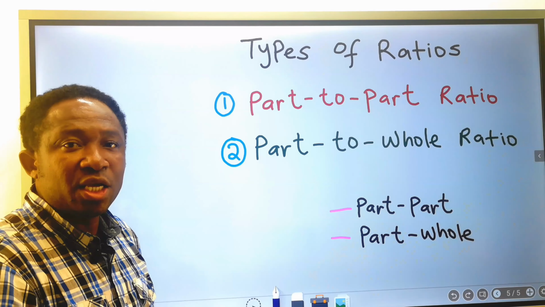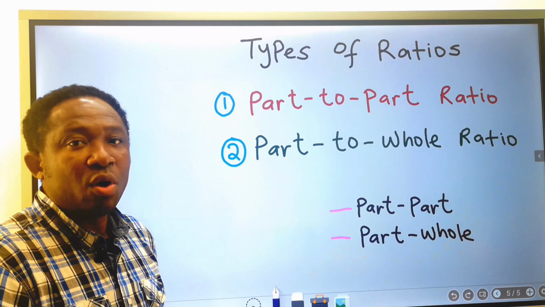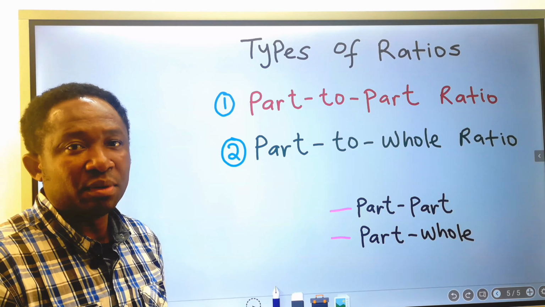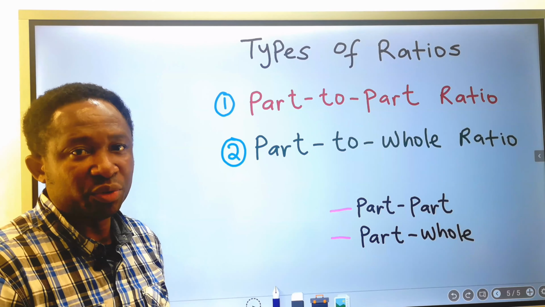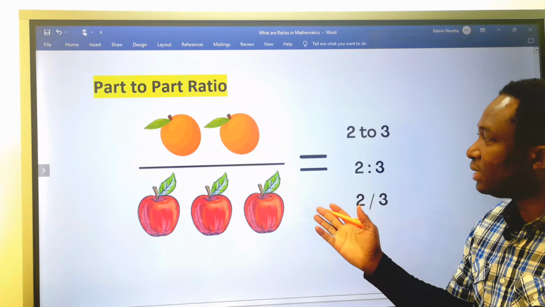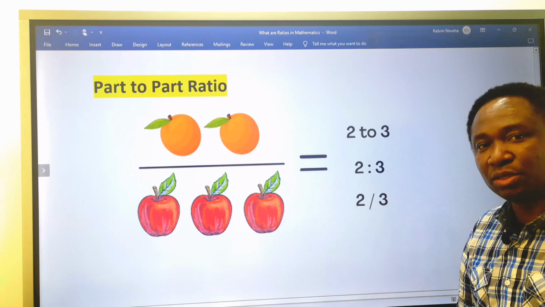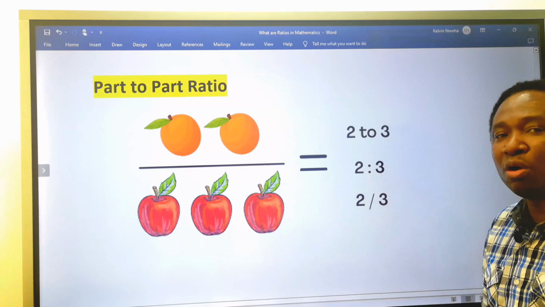Understanding this is one of the secrets of solving ratios. Almost all the questions given to you in the exam must either be part to part or part to whole. If you consider this, you observe that this is a part to part ratio because we have 2 to 3.